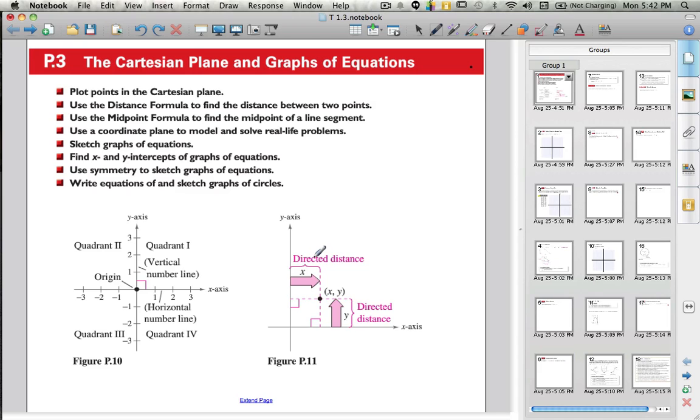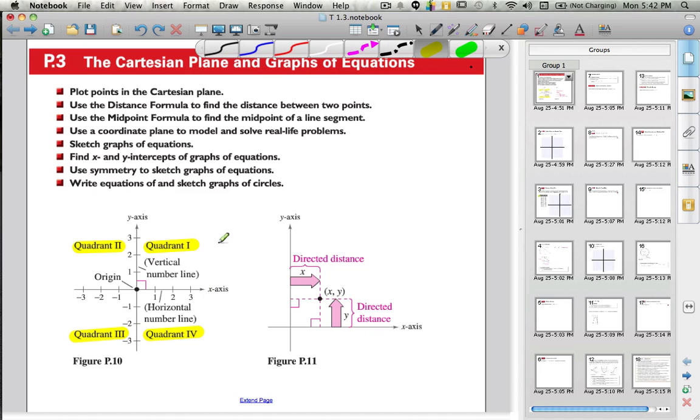Okay, so when you think about the Cartesian plane, we've got a couple of different figures here to take a look at. It's a little weird in that you'll see that we go counterclockwise. So quadrant 1 is here, then quadrant 2, quadrant 3, and quadrant 4.